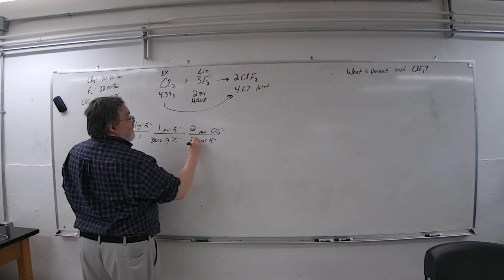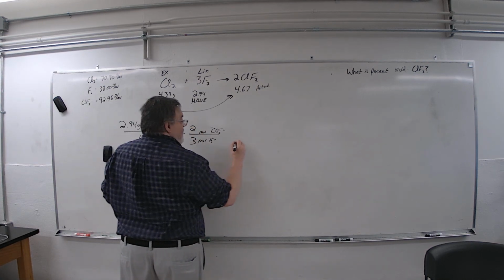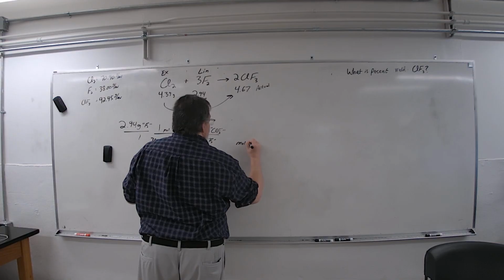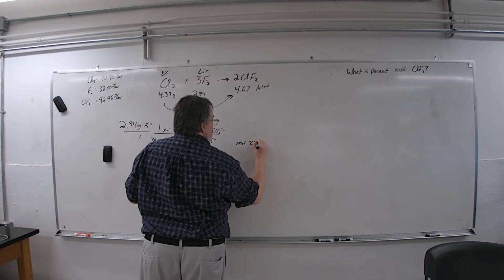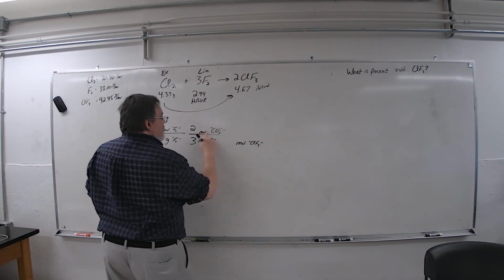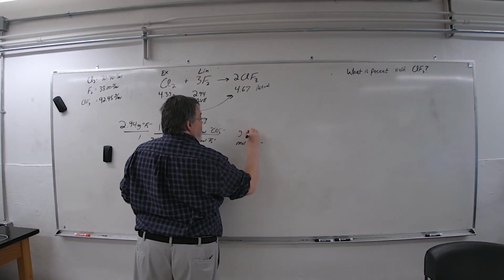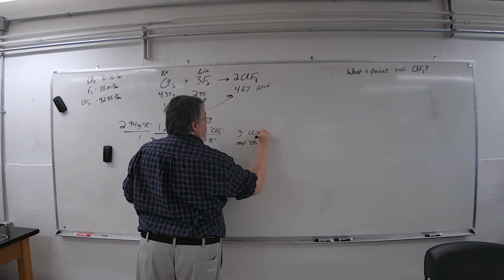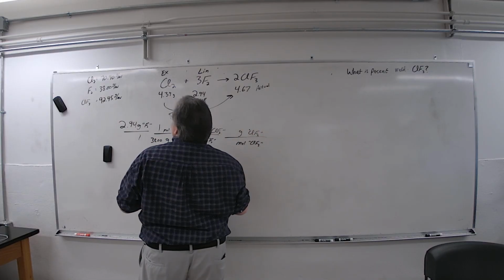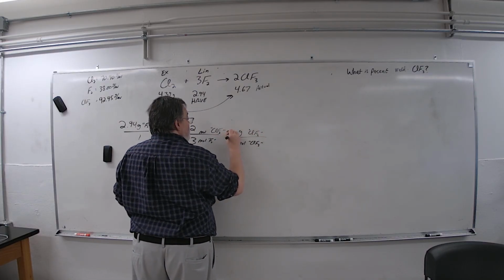2 of these to 3 of these. Moles of ClF3 to grams of ClF3. And it's 92.45.